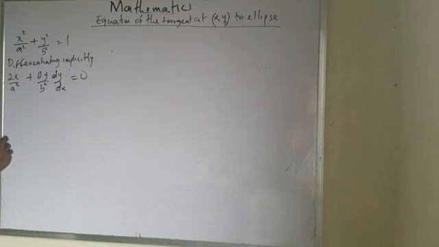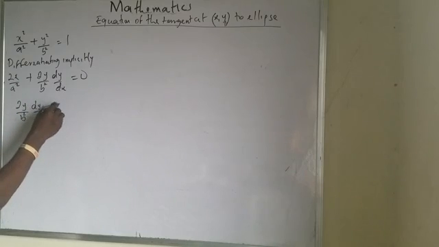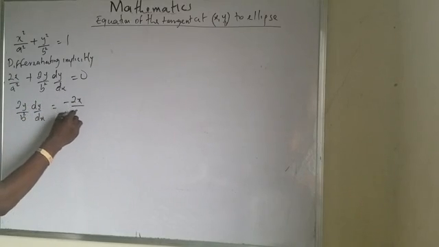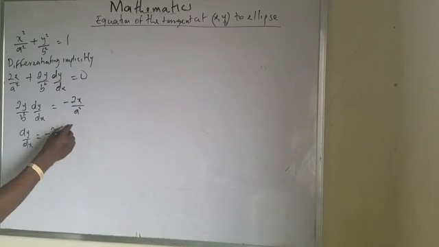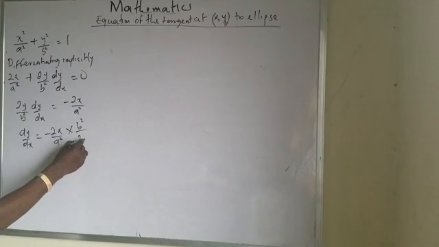Now, I can say that 2y over b squared dy/dx equals minus 2x over a squared. So dy/dx equals minus 2x over a squared, divided by, which is times, b squared over 2y.